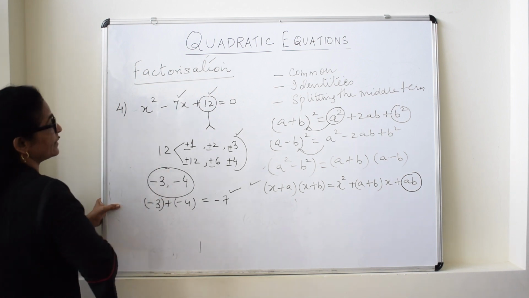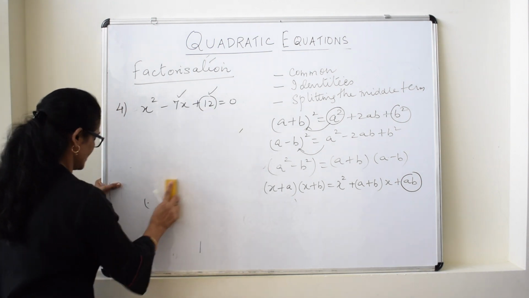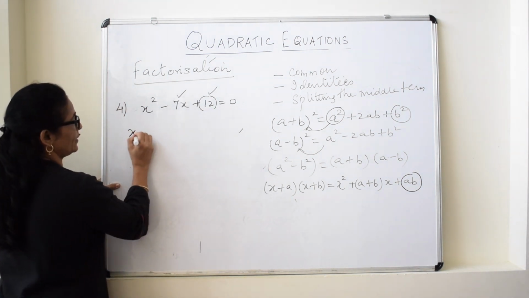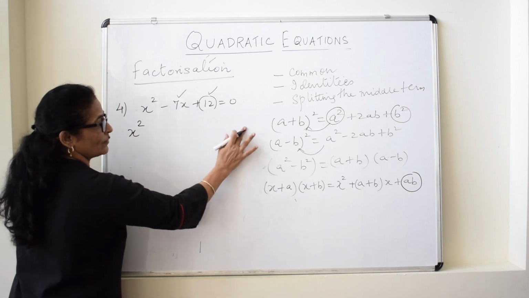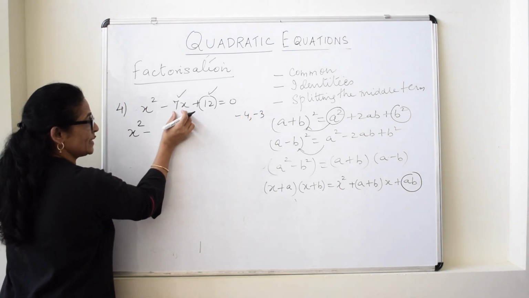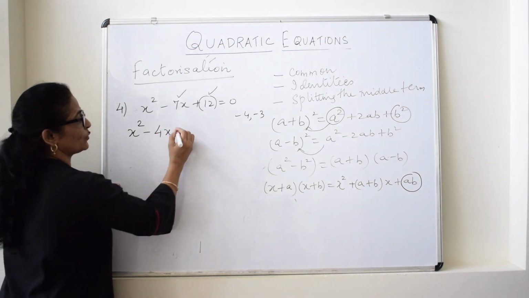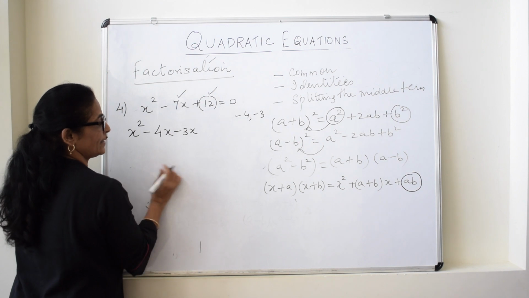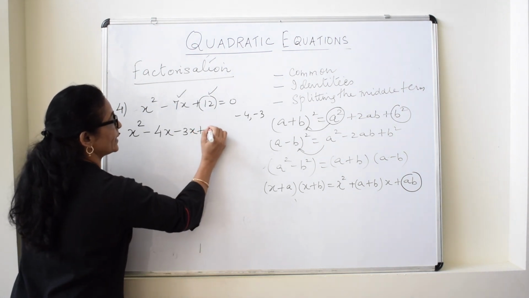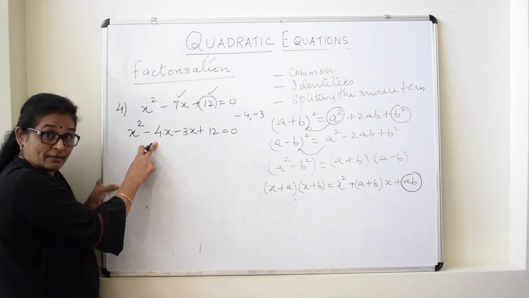So we will rewrite this given question in this way. x square, the two factors we got are minus 4 and minus 3. So in place of minus 7x, you can write minus 4x minus 3x, and plus 12 as it is. This I have done by splitting the middle term.